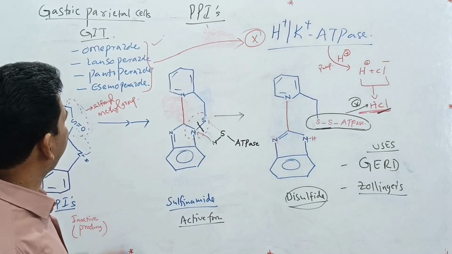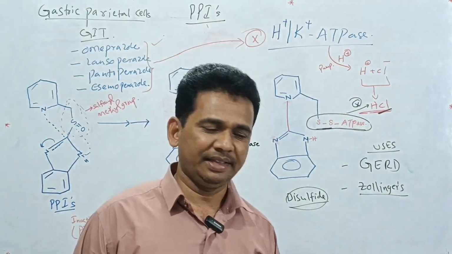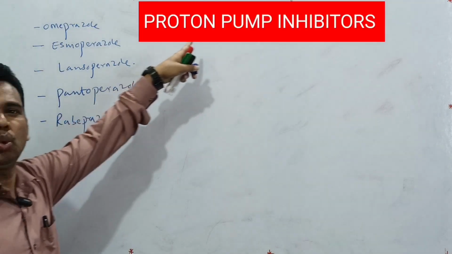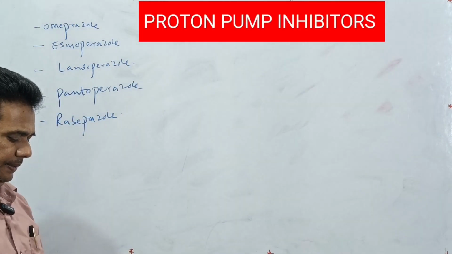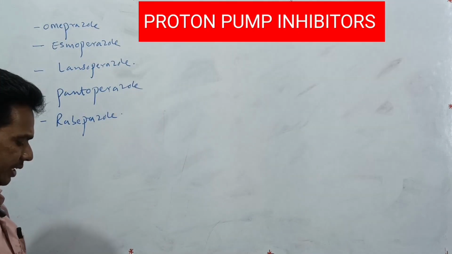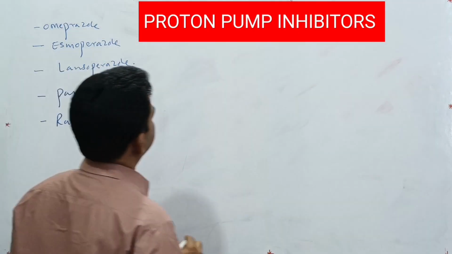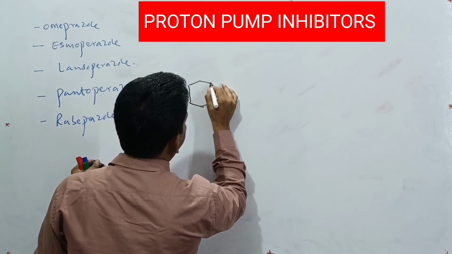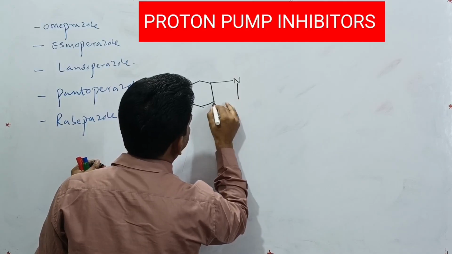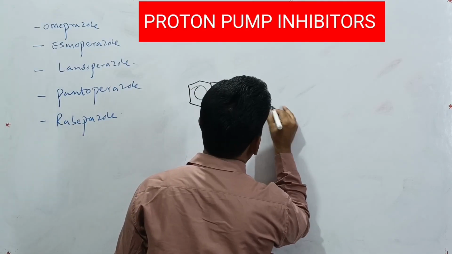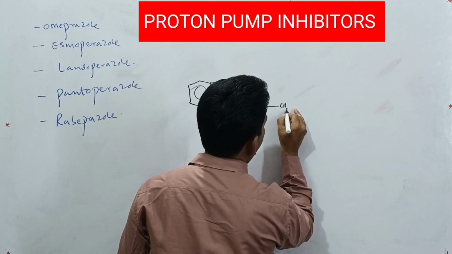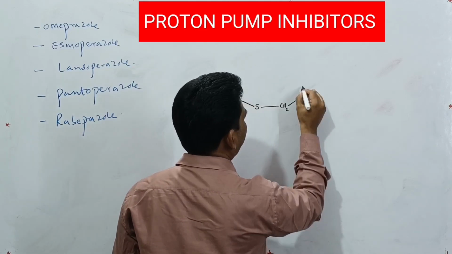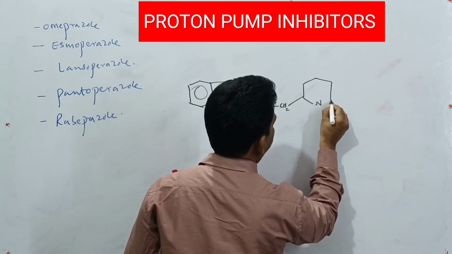Okay, now we'll go for the different drugs which come under this class. All these drugs are called proton pump inhibitors. We'll go one by one. We'll take omeprazole. I will write the structure of omeprazole. This belongs to the class of benzimidazole. Here it has sulfur attached to the methyl group CH2, and this is attached to the pyridine.